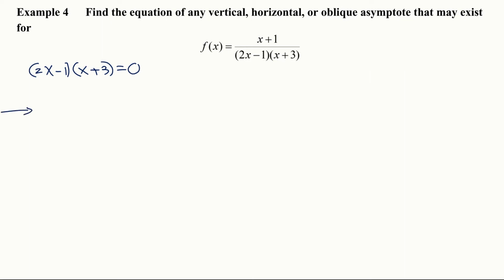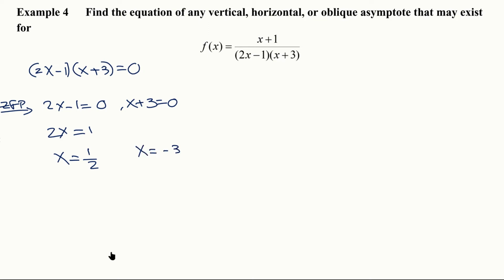And by the zero factor property, we end up with either 2x minus 1 equals 0 or x plus 3 equals 0. So 2x equals 1 or x equals 1/2. And this one gives us x equals negative 3. So those are the equations of our vertical asymptotes.